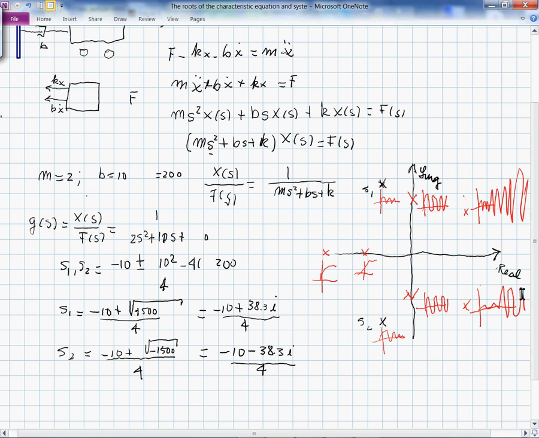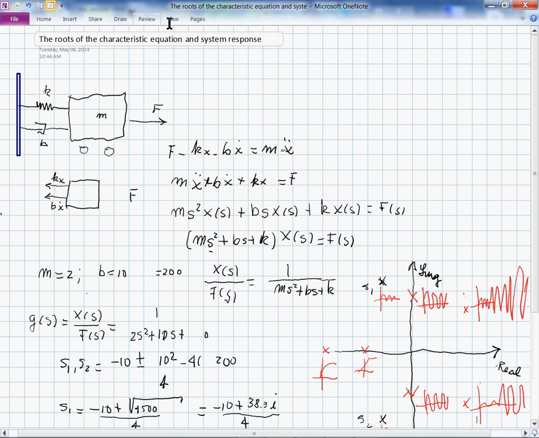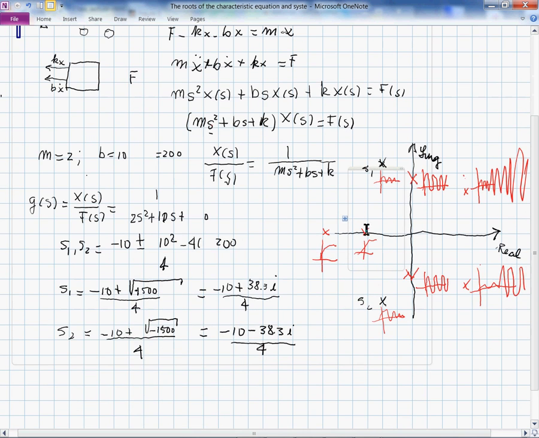So in conclusion, based on the topic that we have at hand here, the roots of the characteristic equation and the system response. It means that if you have the roots right here on the real axis, no damping, and the system just basically has no oscillations. If the roots are complex conjugates, most normal systems will have some damping and vibrations will cease. If you are on the imaginary axis, oscillations forever.